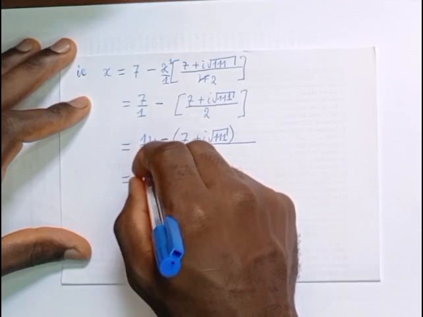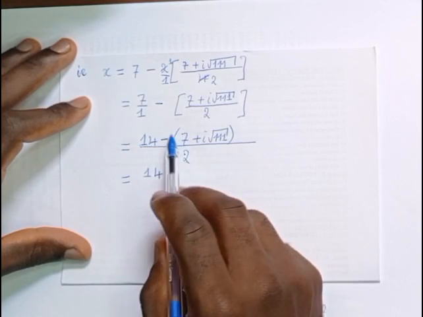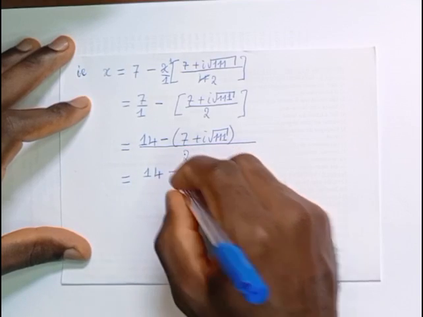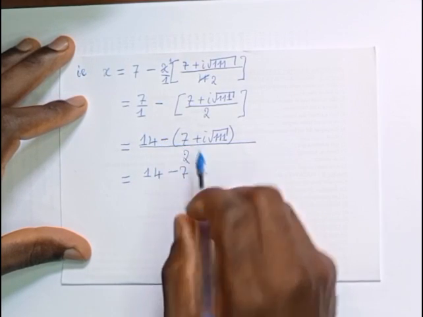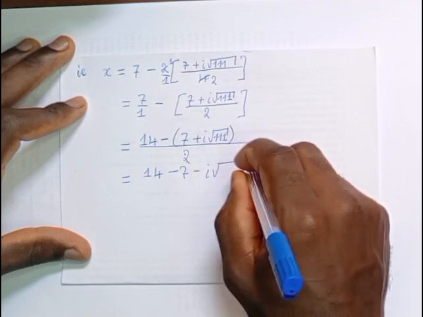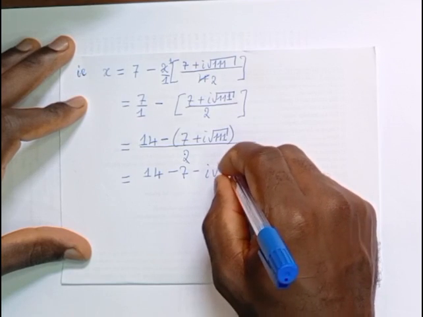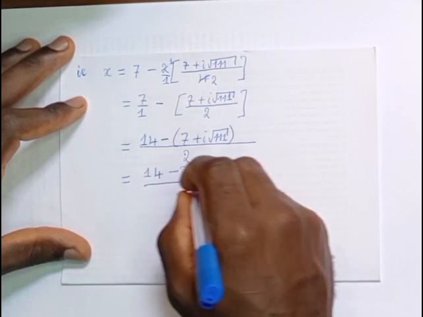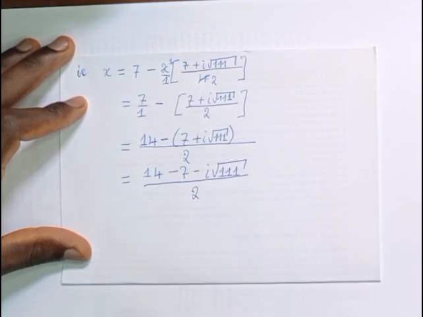This will simply be equal to 14. We have to expand this bracket by multiplying through by negative 1. 14 minus 7 minus i root 111 all over 2.